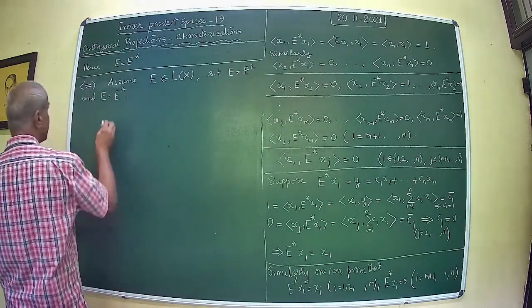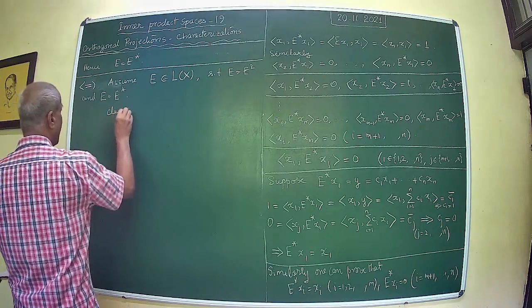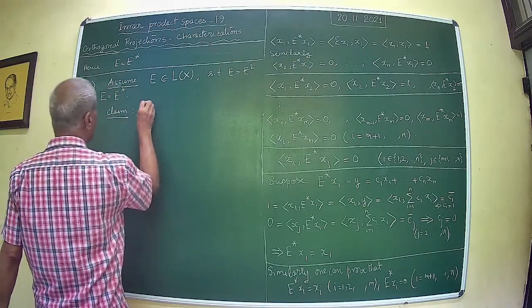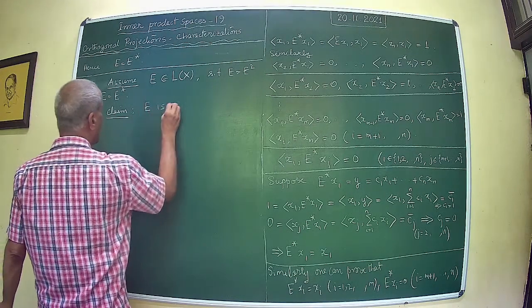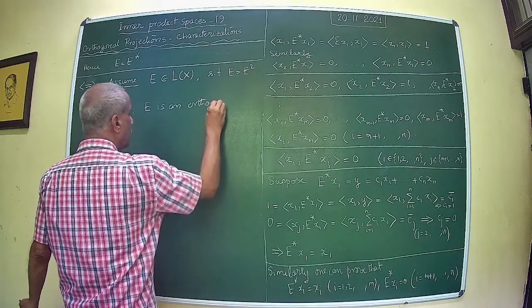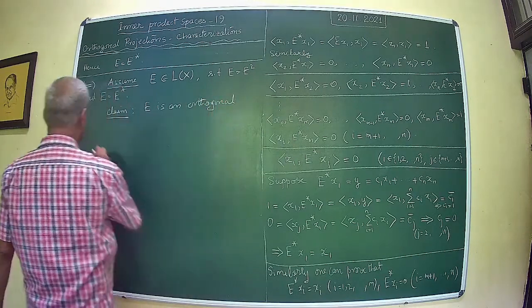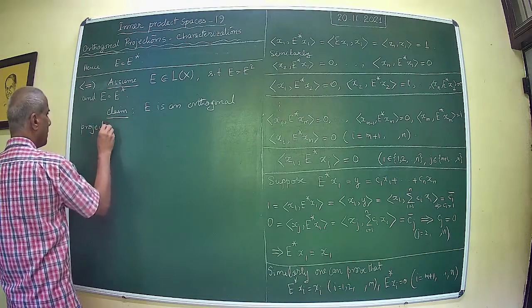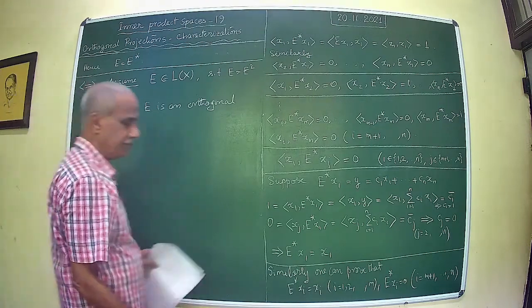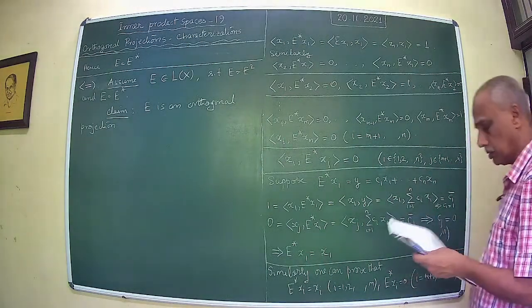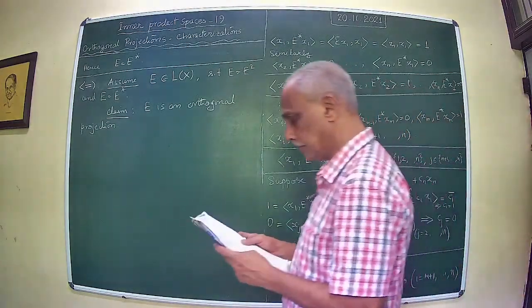Then claim: E is a projection. So it is sufficient to verify that the range of E is orthogonal to the null space of E.